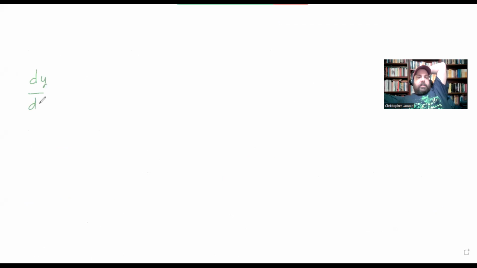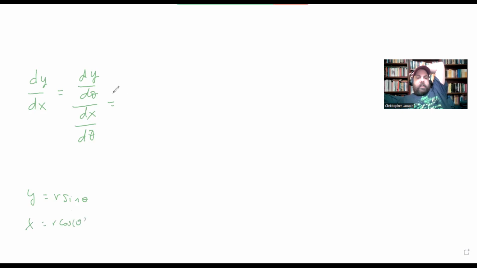If you recall, dy dx is given by dy d theta over dx d theta, right? Which gives you, let's see, I have to rederive it now. Sorry, y is r sine theta, x is r cosine theta.